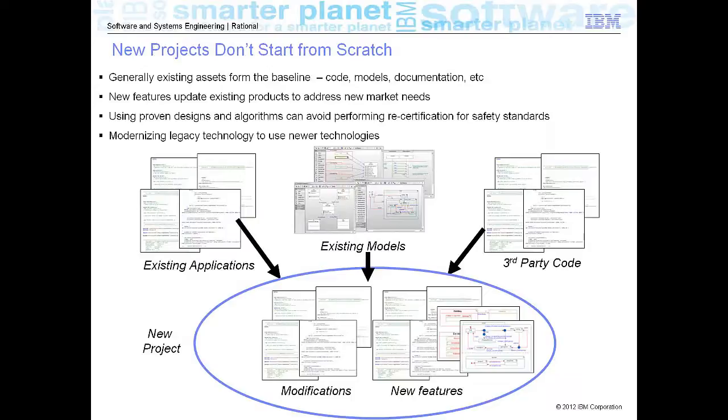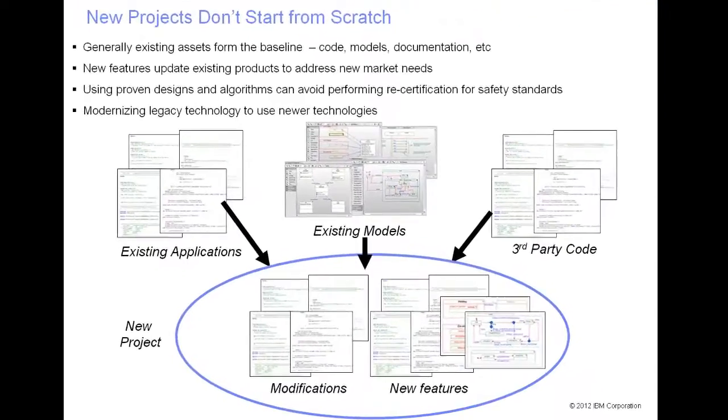Also, you might have some documentation you want to bring in. Generally what happens is you bring in all that information, and then you either modify those existing assets, or you add new features which would surround those existing capabilities. So you're basically adding a new feature onto your product.